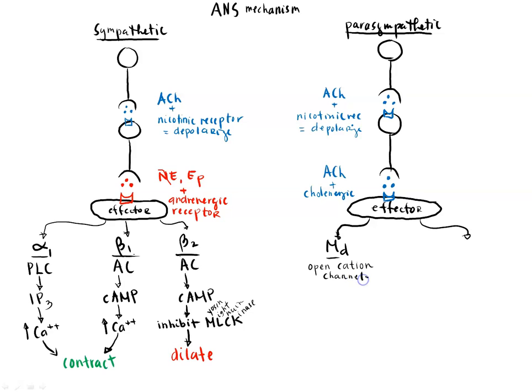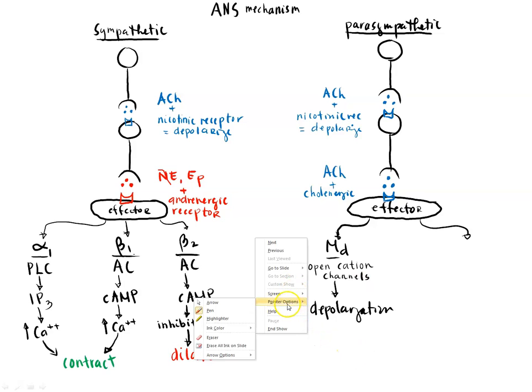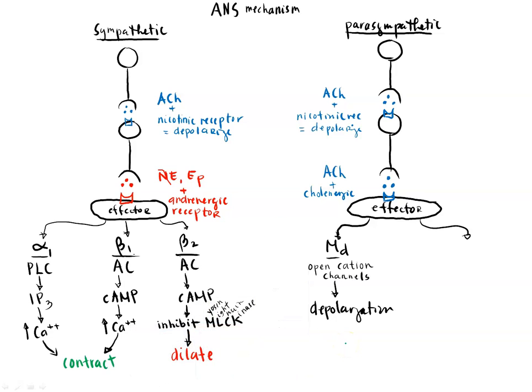And remember, cations are positive ions because there's sodium, there's calcium, and I don't want to get into all that detail, but as long as you folks know that I can now open up ligand-gated channels to allow me to have depolarization. And when I depolarize, what can I do? Change your color to green, because this is going to allow me now to have contraction.